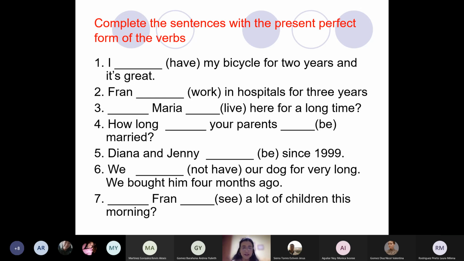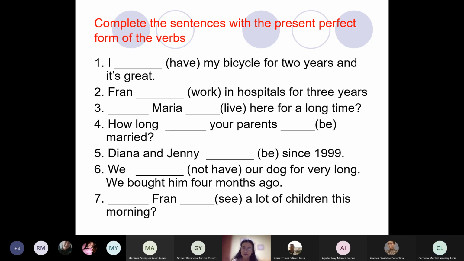And the last one is a question with Frank. How do you say that question? Yulaimi, do you want to try? Go ahead. Has Fran seen a lot of children this morning? Excellent. Very good, Yulaimi.